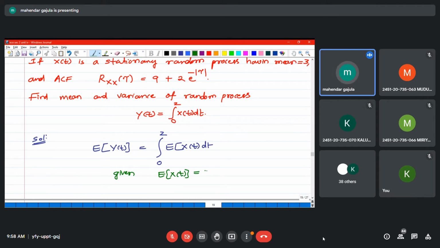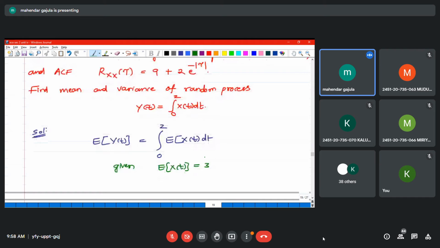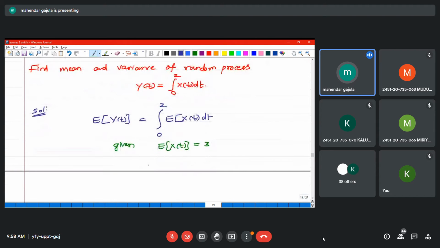The mean of xt is given. It is 3. So let us substitute that. Integration from 0 to 2, 3 times dt. So it is 3 times t from 0 to 2, which is 3 times 2, 6. So the mean of yt is 6.